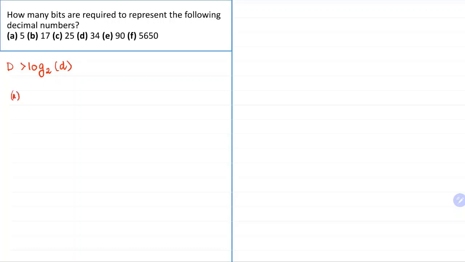So A, we have log 2 of 5. To calculate that using our calculator, we can change that to log 10.